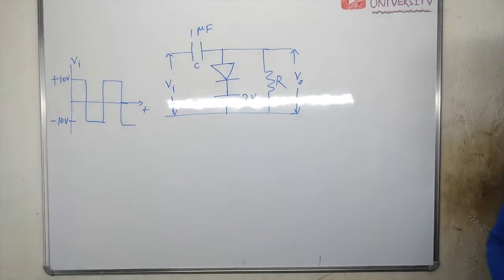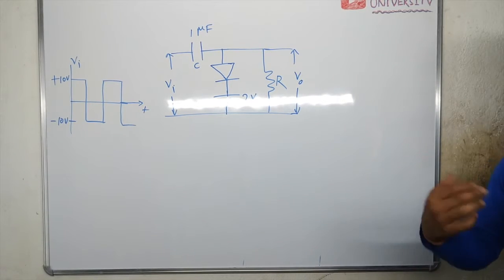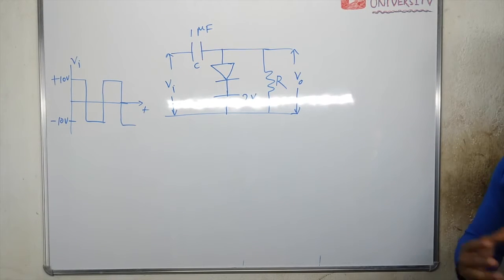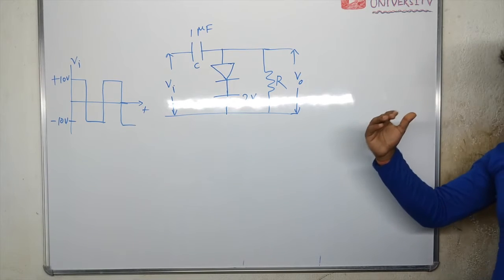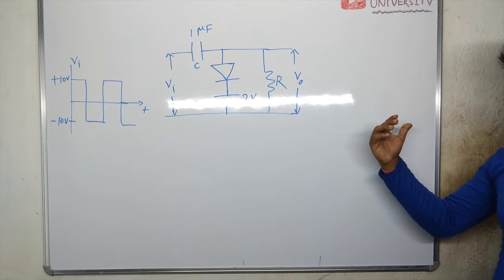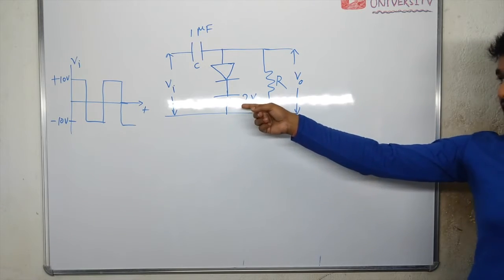A negative clamper does not change the shape of the input signal, and it will not change the peak to peak value of the input signal. Only it will clamp the positive peak of the output voltage to the reference voltage, that is 2 volt.